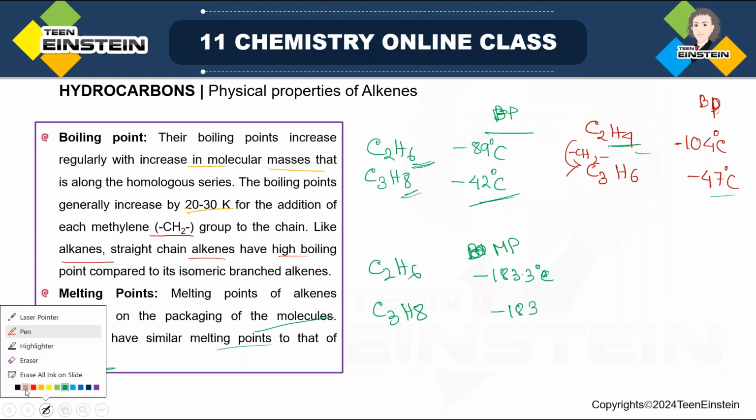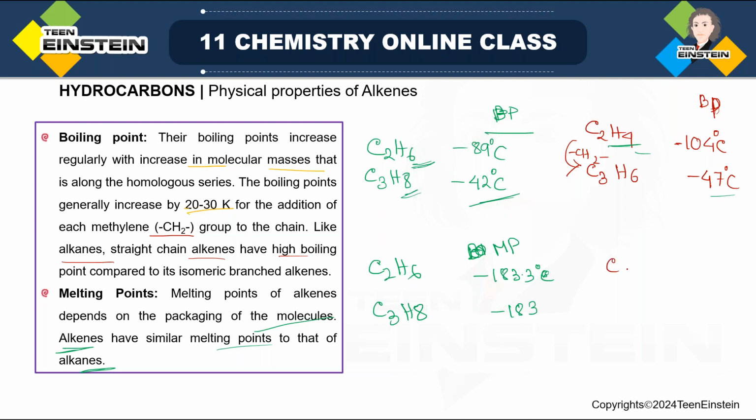Now just compare with C2H4, the corresponding one keeping carbon number same, and C3H6. So see, if you compare again, they are not very highly different from each other. This is around minus 170, this is minus 183.